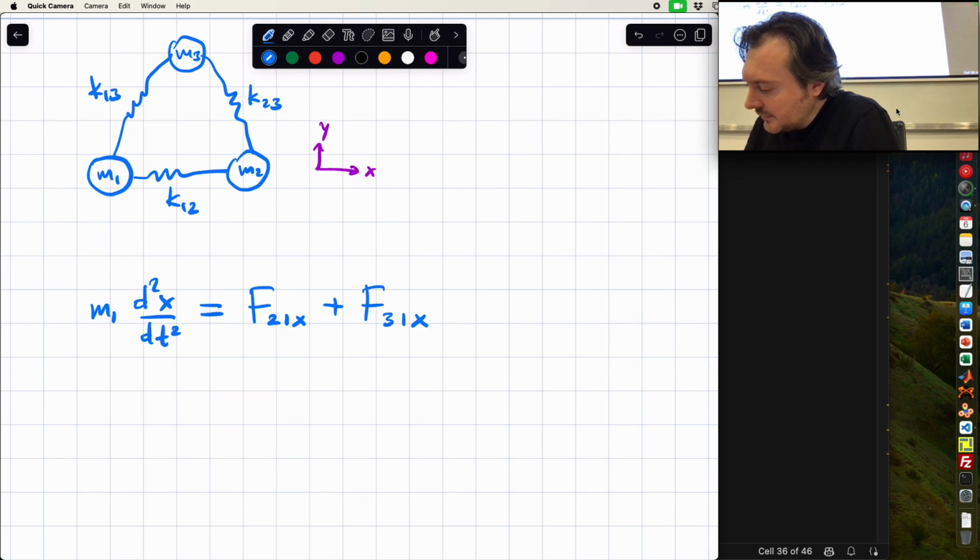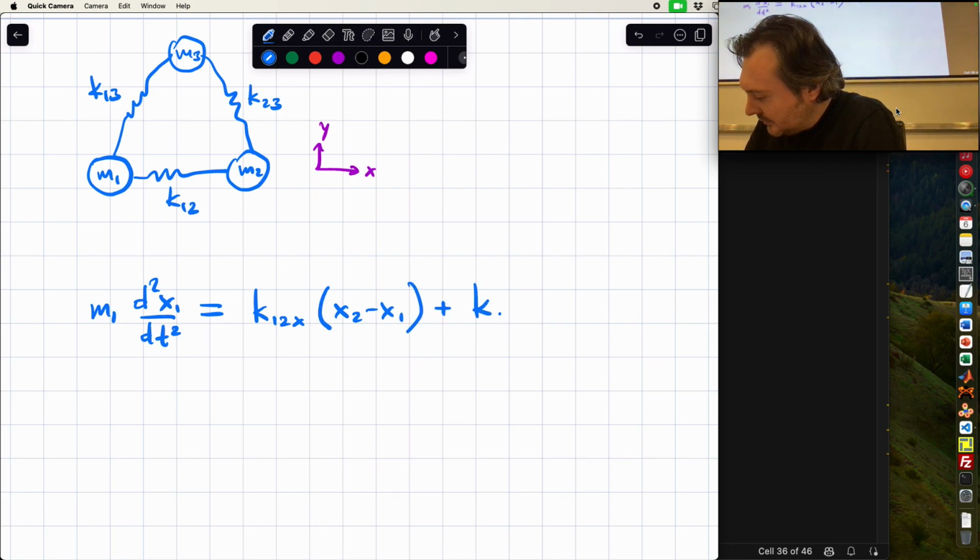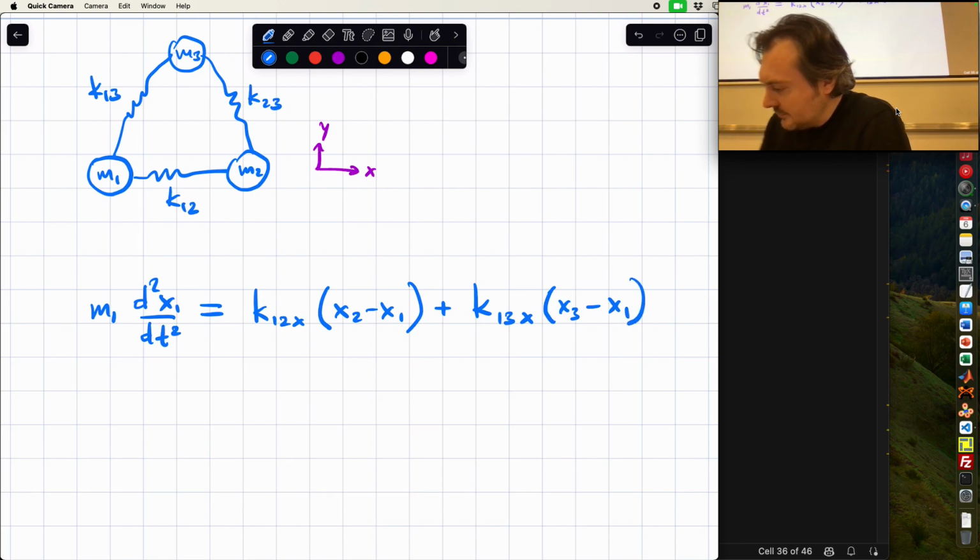So some constant, let me just write it better. Some constant between the first object and the second object in x direction times x2 minus x1, plus some constant between the first object and the third object in x direction times x3 minus x1.